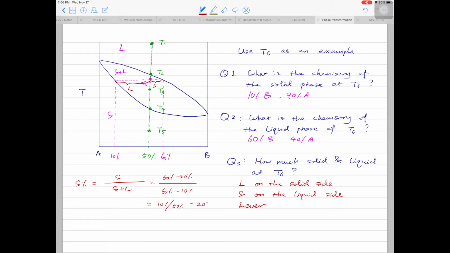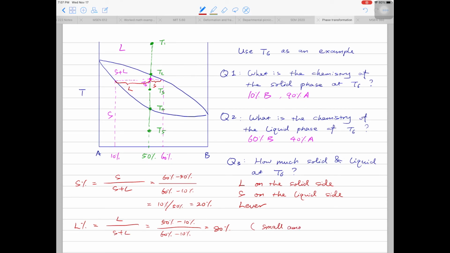You have 20% mass fraction of the solid phase. For the mass fraction of the liquid phase, it's just L divided by S plus L. L is 50% minus 10%, and S plus L is 60% minus 10%. You have 40% divided by 50%, that gives you 80%. Then the mass fractions of the solid and the liquid phases adding together gives you 100%.